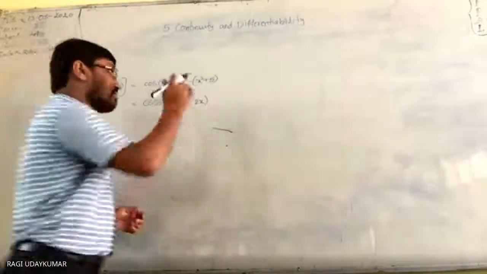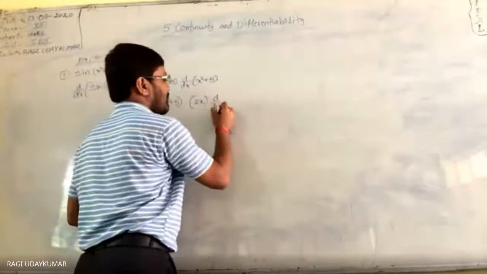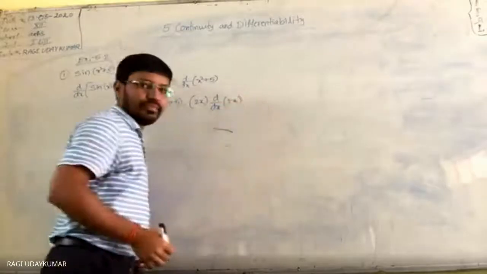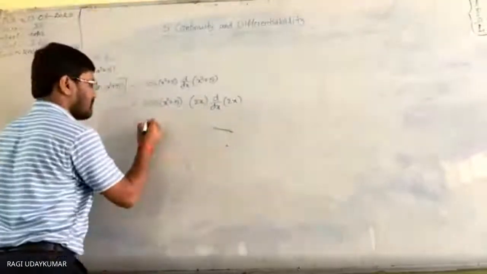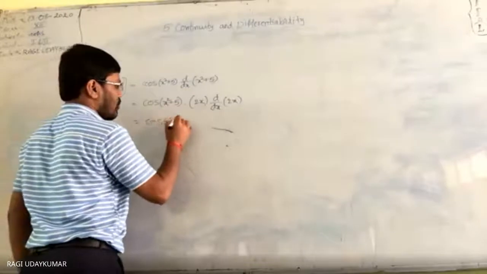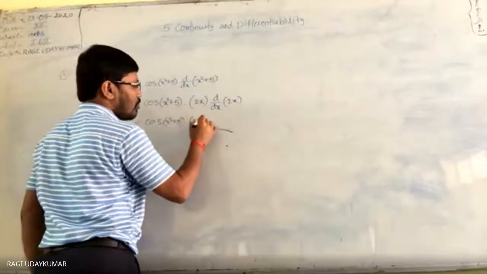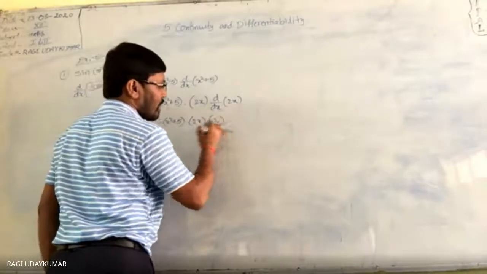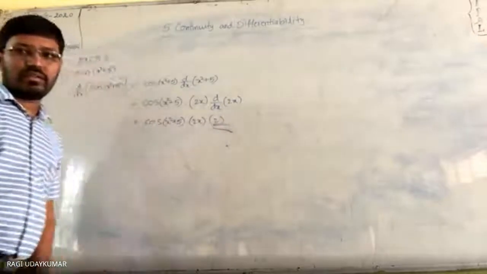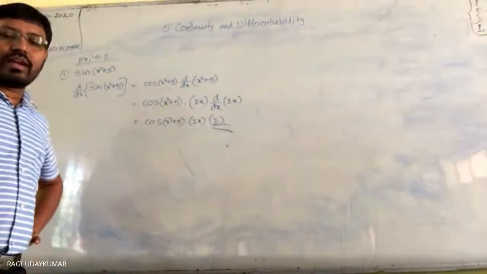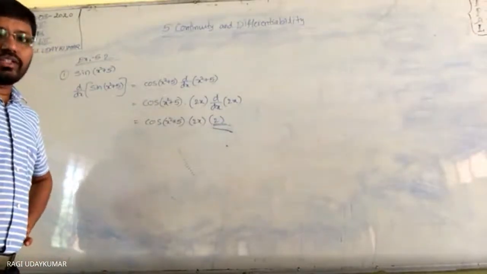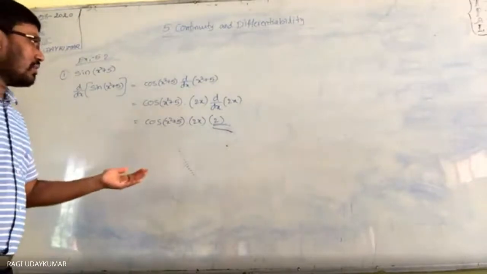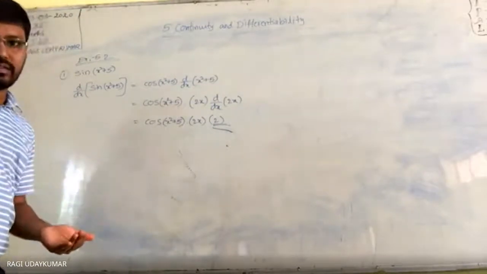D by dx of 2x is 2. Yes, 2 is a constant here. Cos of x square plus 5 into 2x into, yes, you got a constant here.